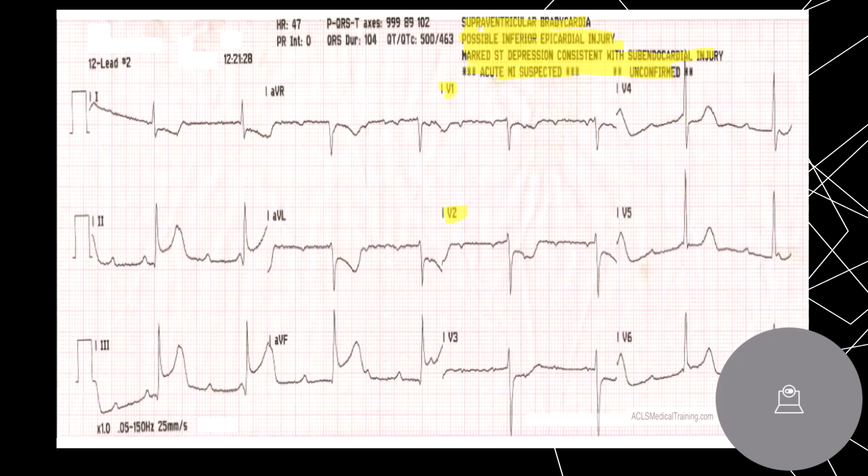So do not base your professional judgment on these. Your interpretation should not be based on what it reads out. V1 and V2: P wave, QRS, T. Okay, pretty sloppy. This is actually kind of hard to read, which is okay. We can move on. It's inverted. Move on.